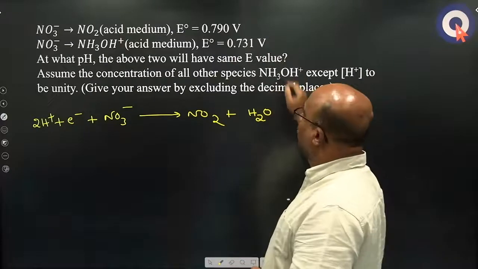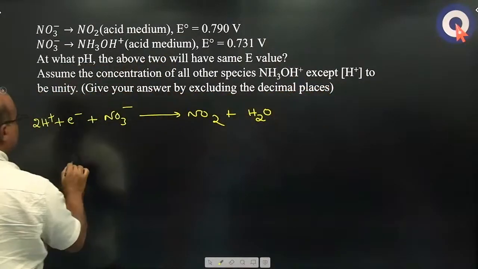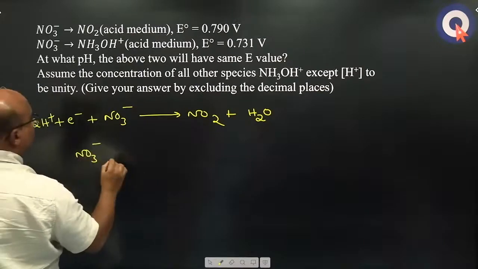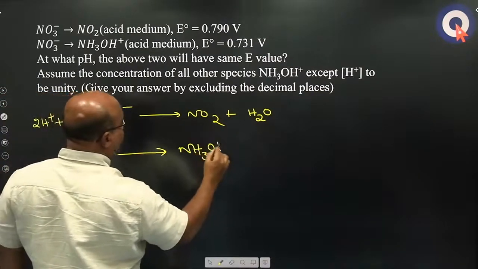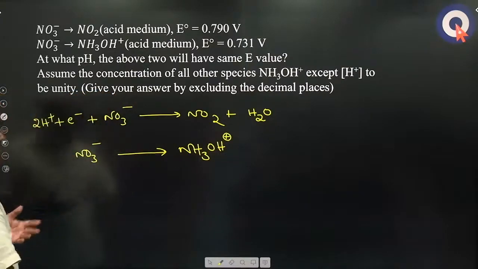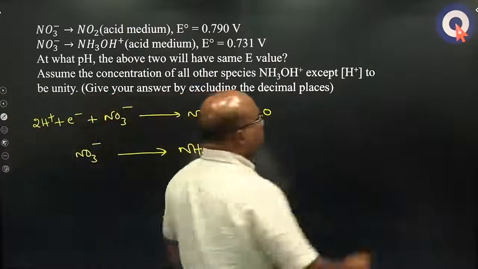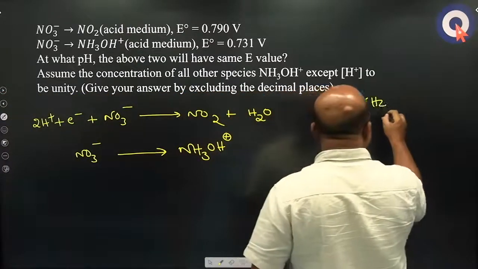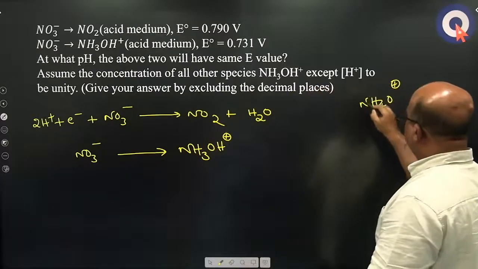Its E naught value is given already. So what is the cell reaction here? That is NO3⁻ converted into NH3OH⁺. What is the oxidation state of nitrogen? If you group it totally, that is NH4O⁺. How do we predict the oxidation state of nitrogen here?